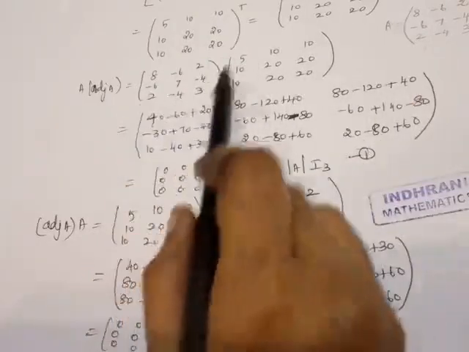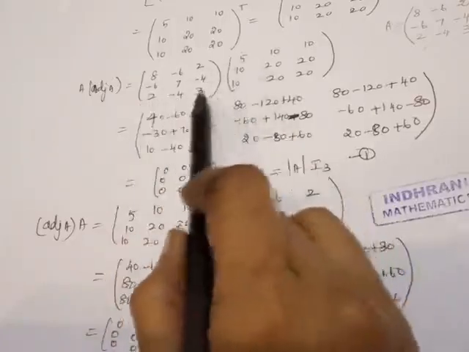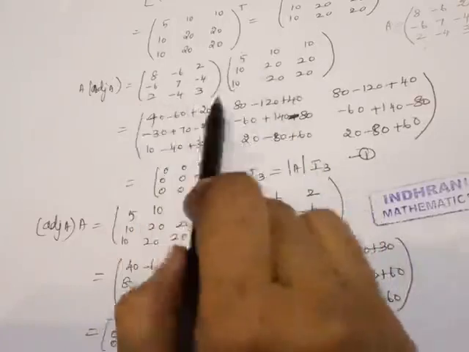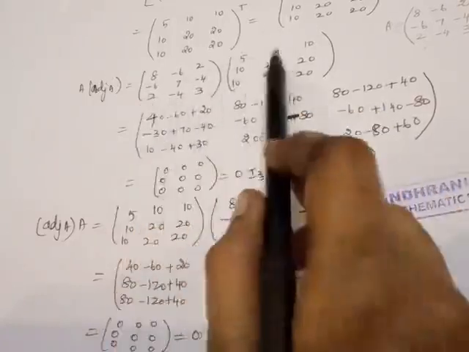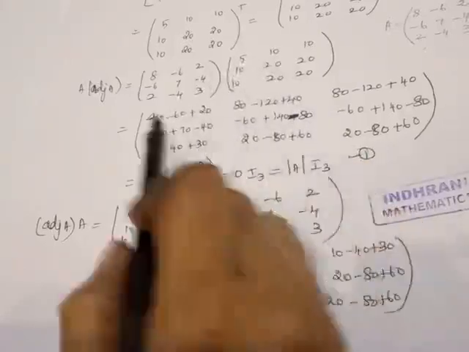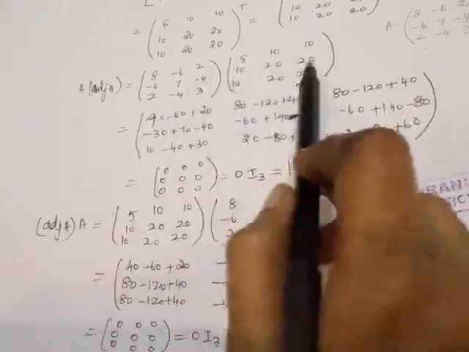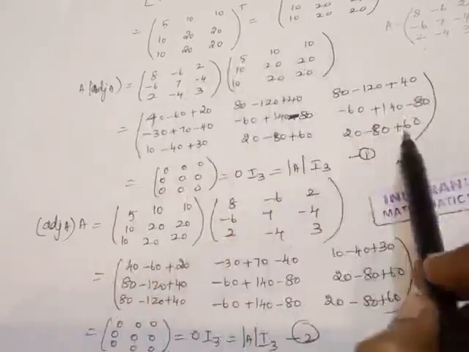Similarly, last row with first column: 10, minus 40, plus 30. Last row with the second column: 20, minus 80, plus 60. Last row with the last column: 20, minus 80, plus 60.